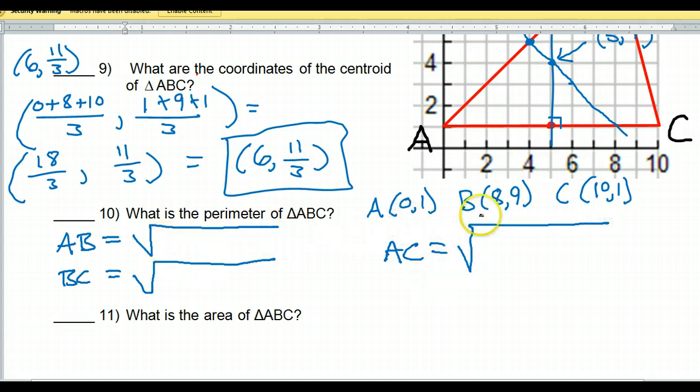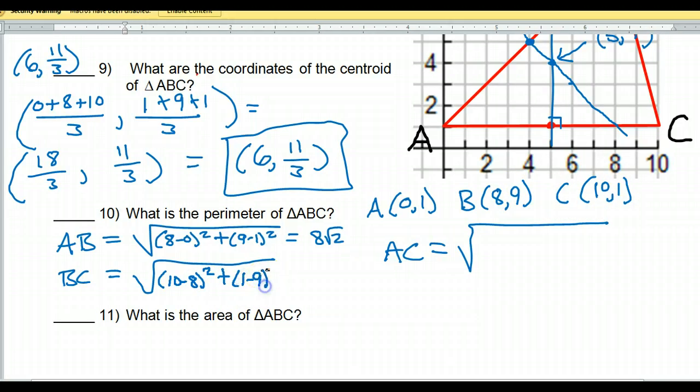Okay, so AB, first of all, that's going to be 8 minus 0 squared, and then 9 minus 1 squared. That's 8 radical 2. Now BC is going to be 10 minus 8 squared, and then 1 minus 9 squared.